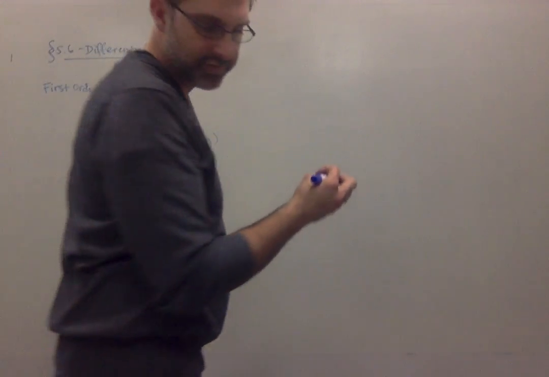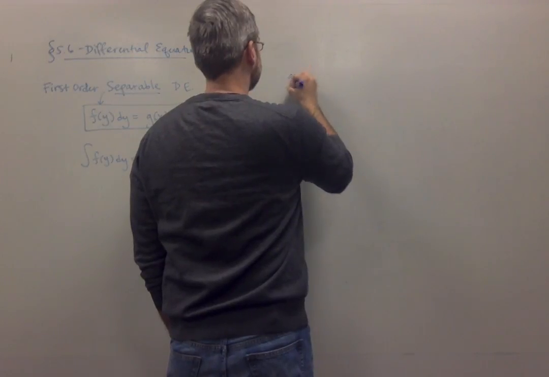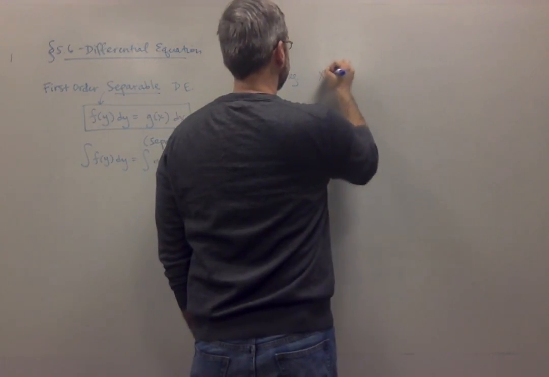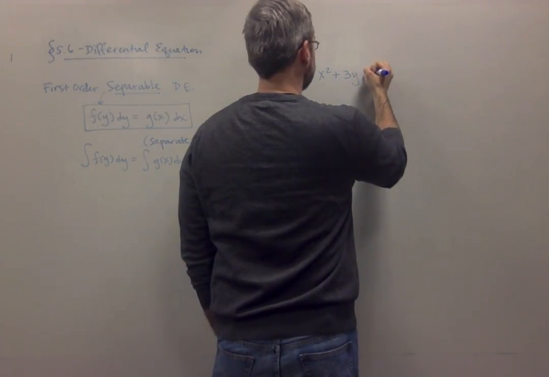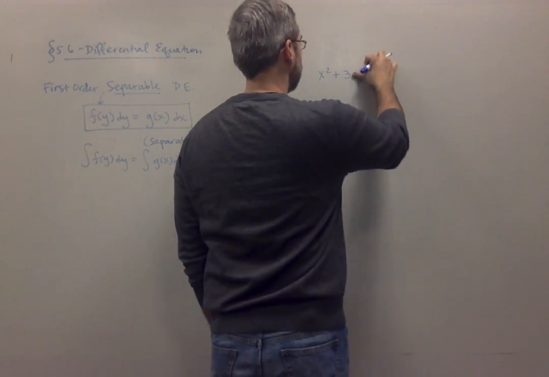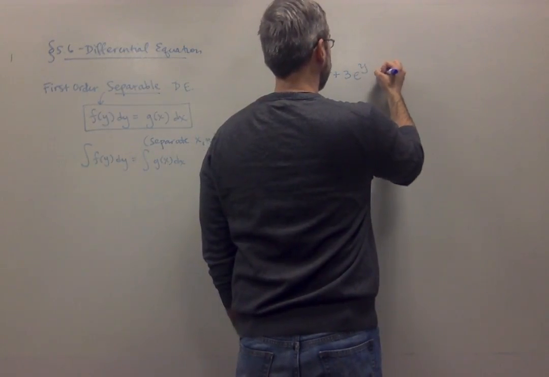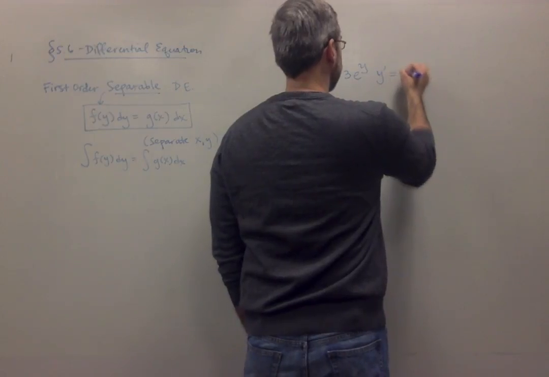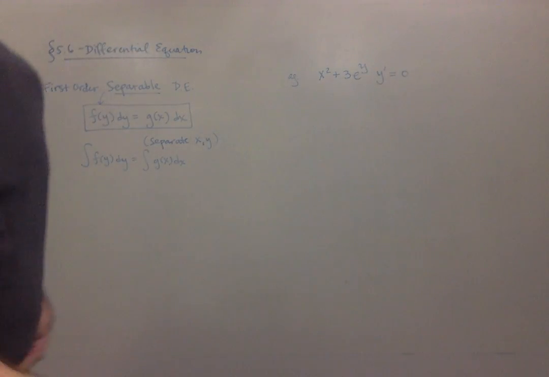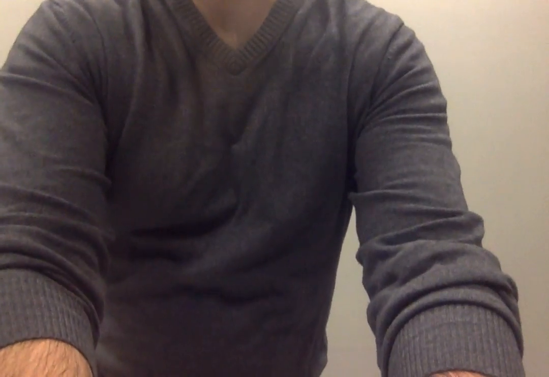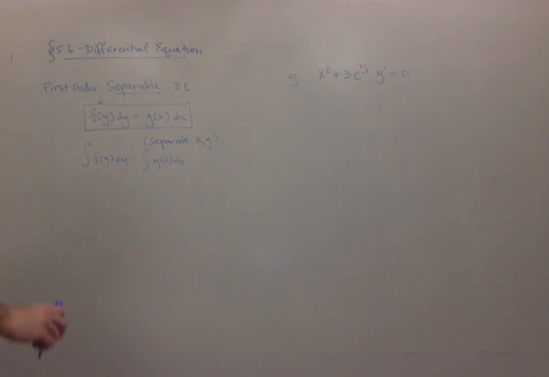Let's suppose I have something like this. Let's do this: x squared plus 3e to the y times y prime equals 0. Okay. So I want to recognize that this is, in fact, a separable differential equation.